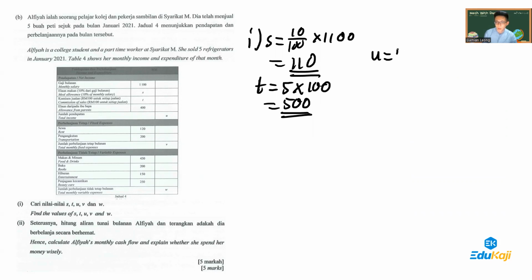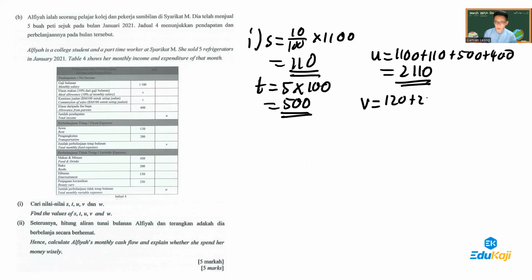Let me list out: 1,100 plus 110 plus 500 plus 400, 2110. V is just 120 plus 200, total fixed expenses. So 320.